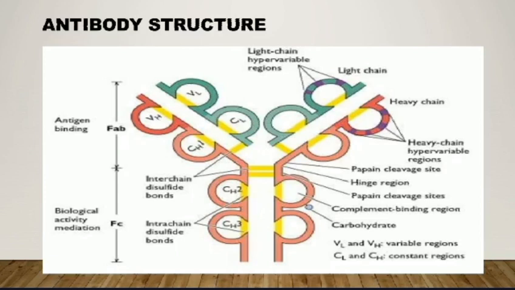For variable loops, we have VL light chains, VH heavy chains, CL constant light chains, CH constant heavy chains. They are both responsible for binding to antigen and mediating effector functions such as opsonization and complement activation.